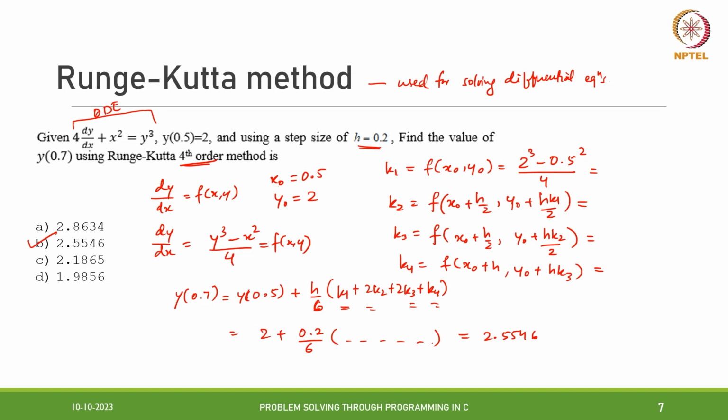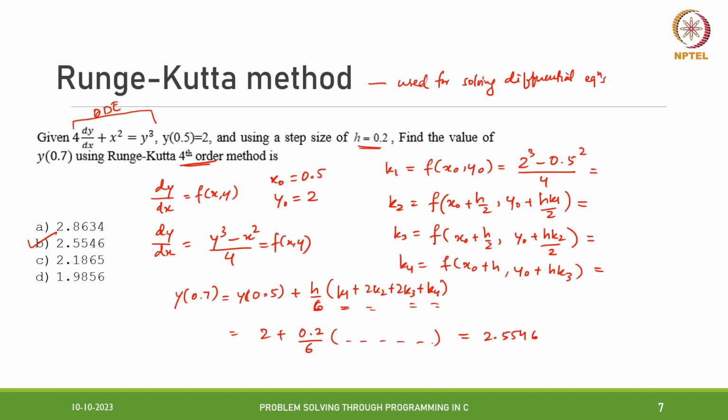So y at x equals 0.7 can be written as y at x equals 0.5 plus h by 6, where h is the step size, into k1 plus twice of k2 plus twice of k3 plus k4. Now these k1, k2, k3 and k4 are functions of some x, y and h.